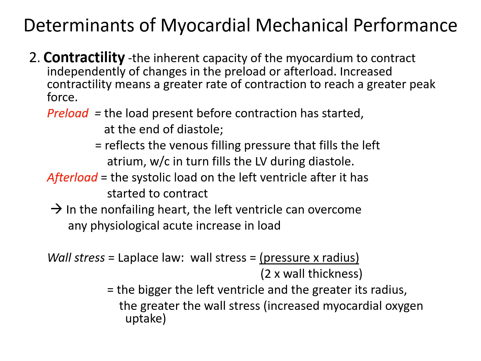So the bigger the left ventricle, the greater the wall stress, which means there is increase in myocardial oxygen demand. And if you have a failing heart, it cannot provide that oxygen demand. If you have severe coronary artery disease, you cannot provide that demand of greater oxygen uptake.